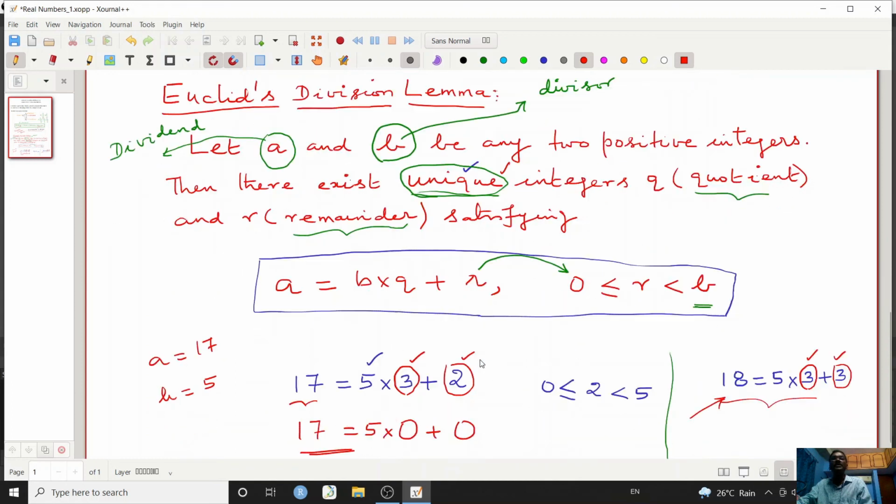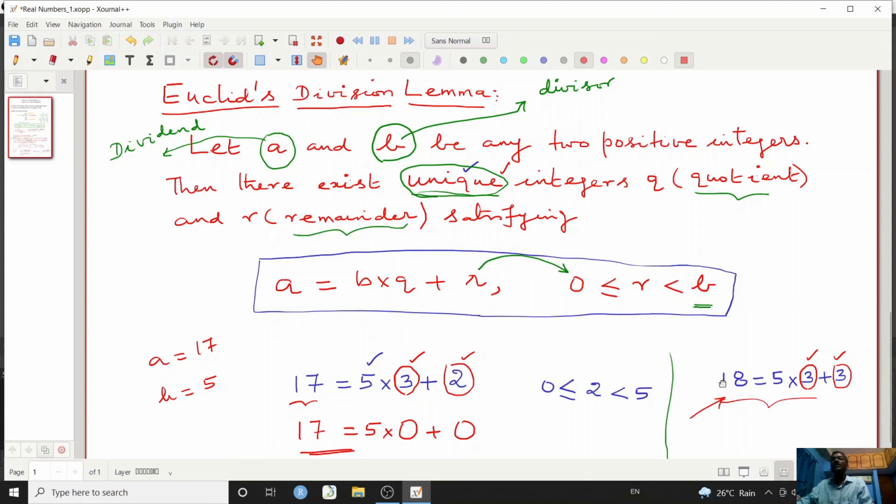That uniqueness is: whenever your dividend is 17 and your divisor is 5, you can write 17 is equal to 5 times 3 plus 2. This is the only way that you can write 17 as a combination of 3 and 2. No other numbers can satisfy this relation.